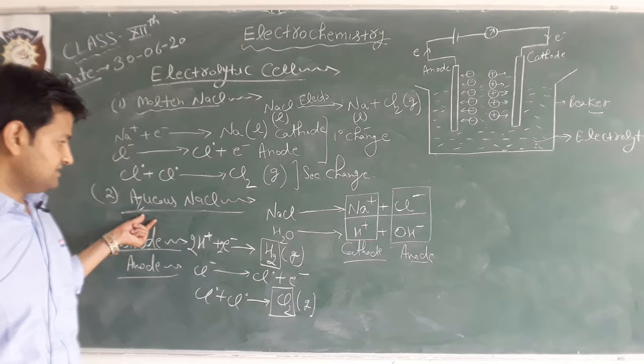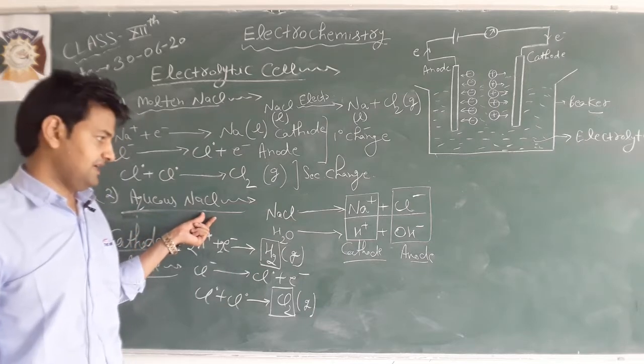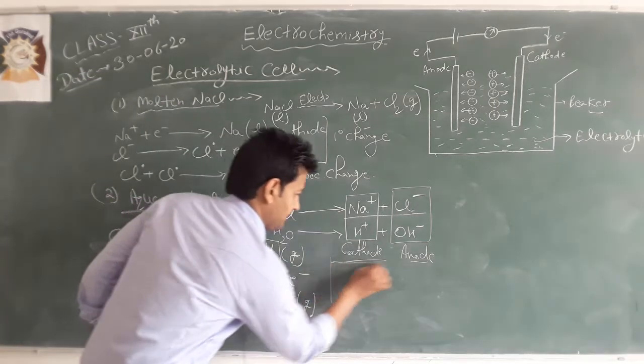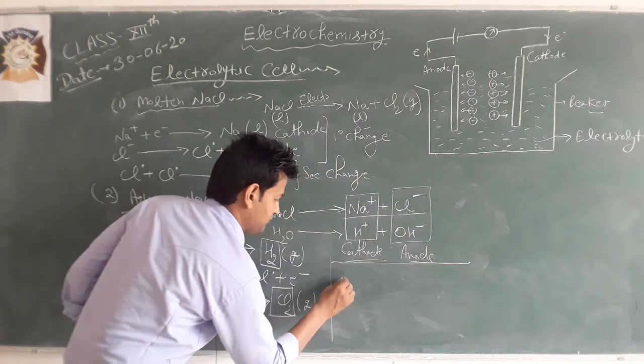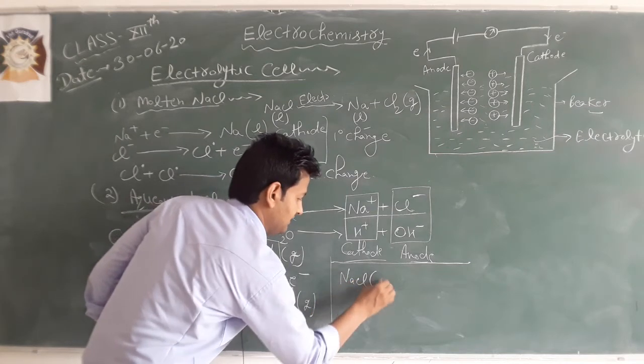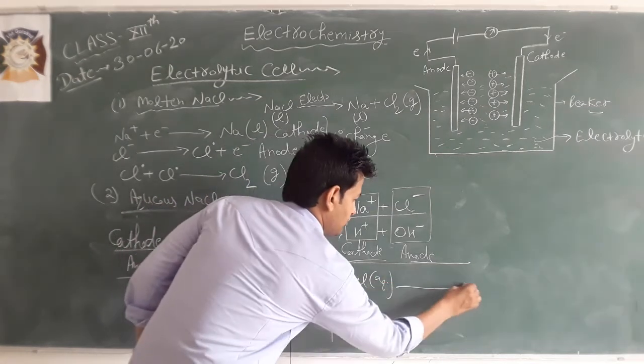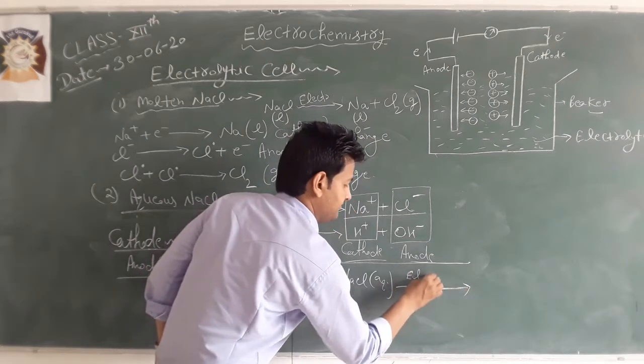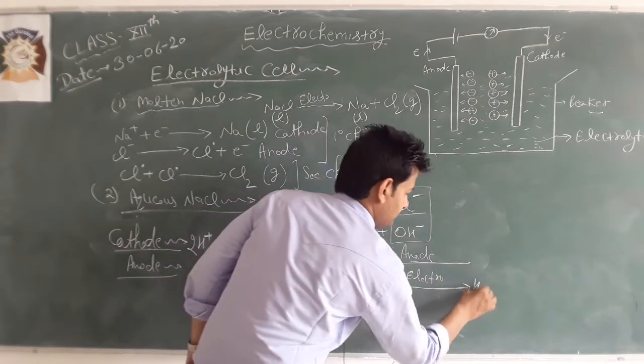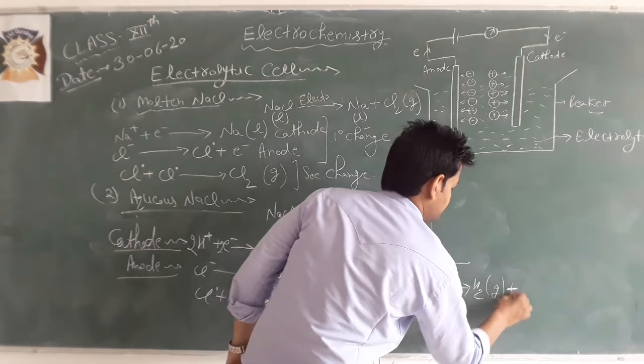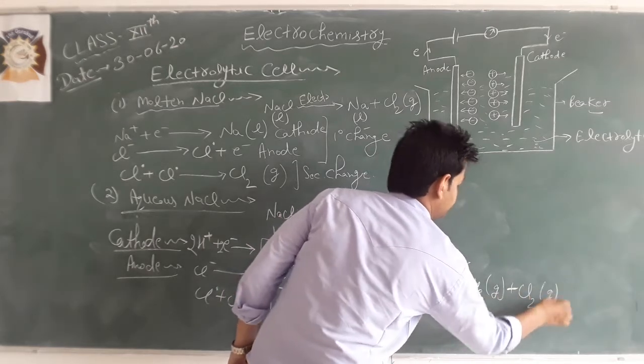So we can say that when we electrolyze an aqueous solution of NaCl, it will form hydrogen plus Cl2.